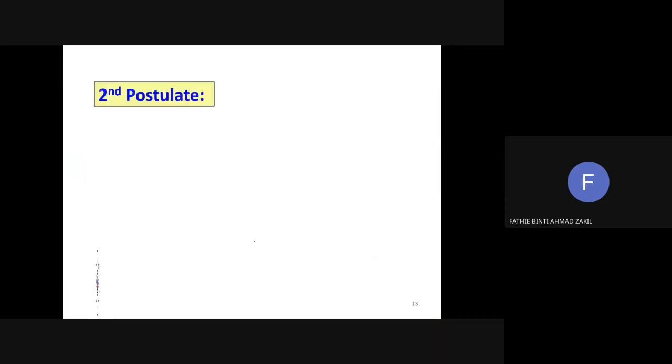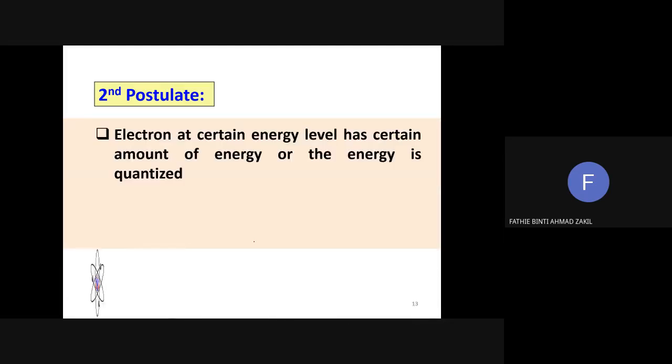Okay, next we look at the second postulate. Okay, second postulate, Bohr states that an electron at a certain energy level has a certain amount of energy, or the energy is quantized.